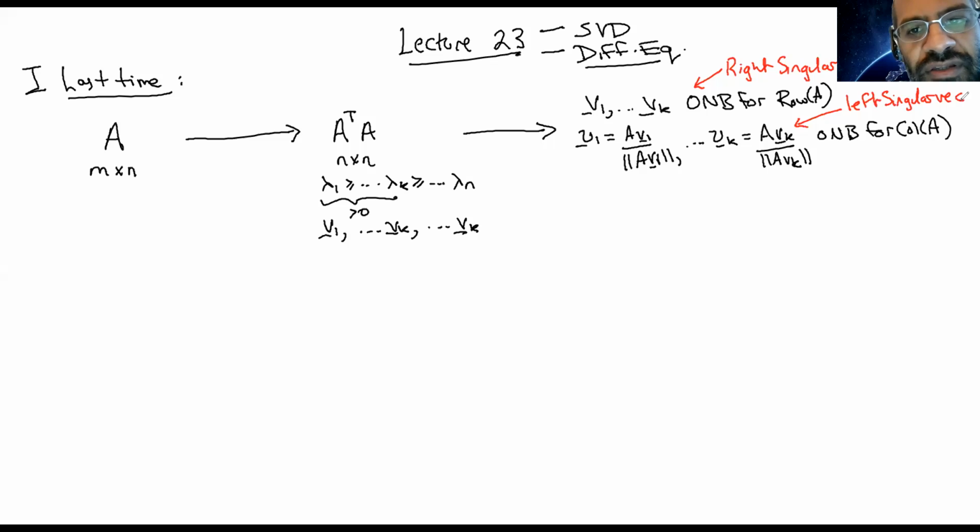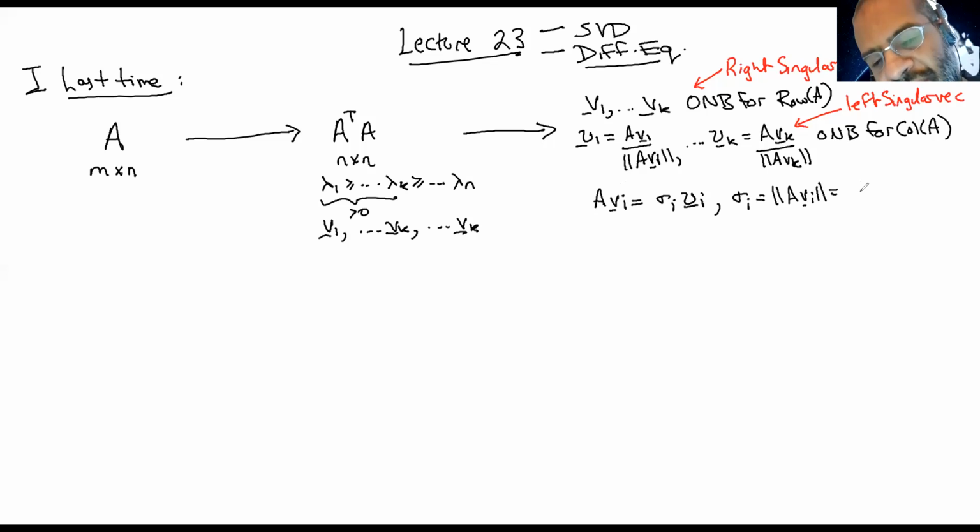The relation between these vectors is summed up in the equation A vi equals sigma i ui, where sigma i is a normalizing constant, which is just the square root of the ith eigenvalue lambda i of A transpose A. And these numbers are called the singular values.